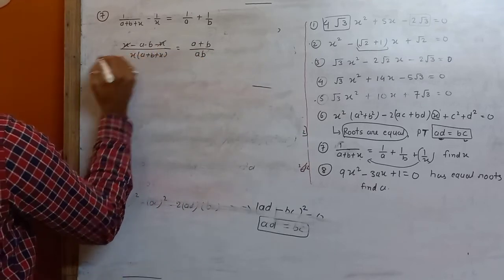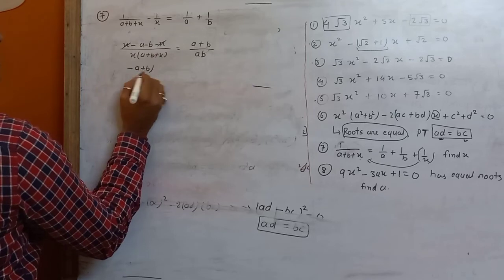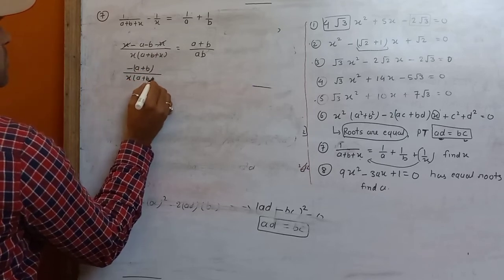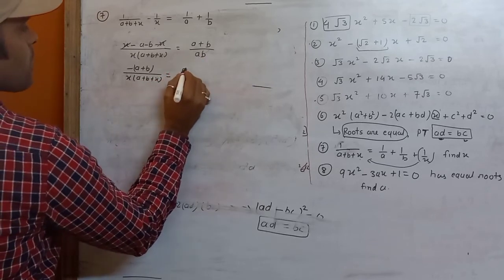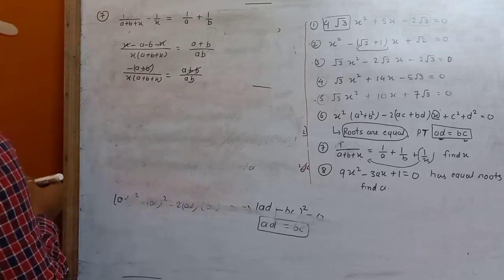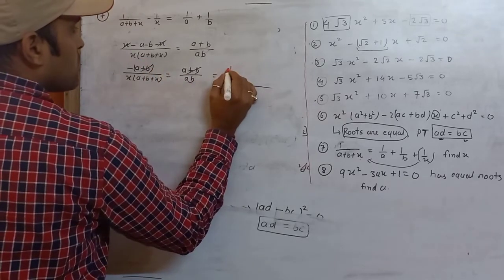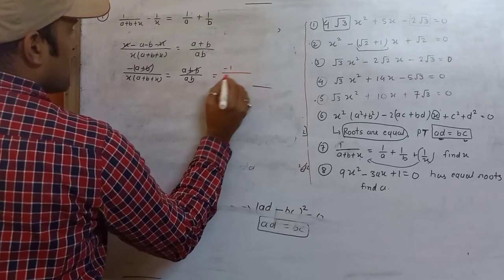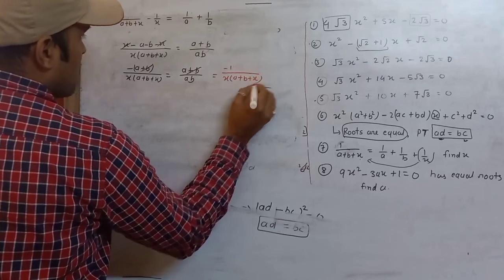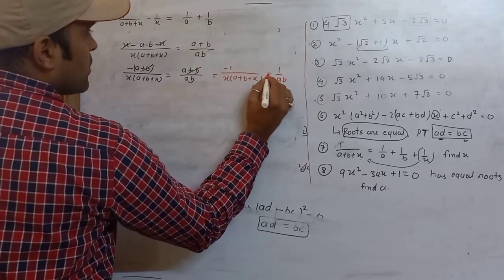Here this part is cancelled, and taking minus common, we get minus (A plus B) over x into (A plus B plus x), equal to (A plus B) divided by AB. Cancel A plus B. Here we get minus 1 divided by x into (A plus B plus x) is equal to 1 by AB.